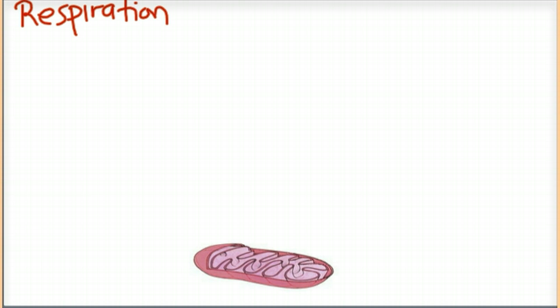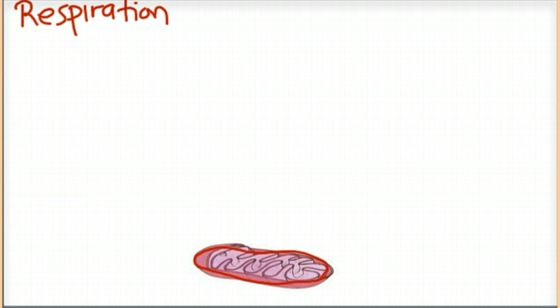So in our mitochondria, a very important life function happens, and that is the ability of an organism to release energy from food. This process is called respiration. And respiration, or cellular respiration, occurs within the mitochondria of our cells.